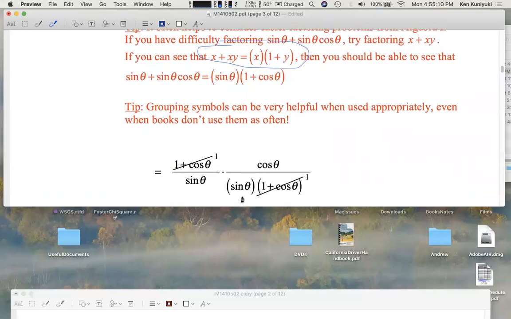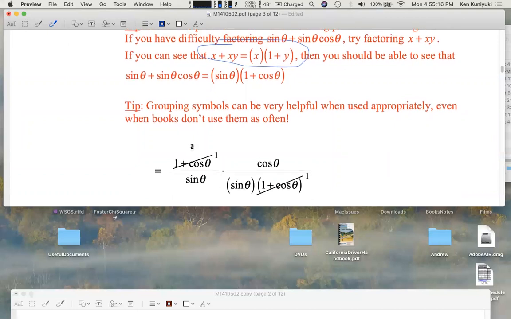When we do that, we get sine of theta times the quantity 1 plus cosine of theta. And we are allowed to cross-cancel, cross-divide, because in the end, when we multiply fractions, we multiply across. We can divide the 1 plus cosine of theta in the upper left by the 1 plus cosine of theta in the bottom right. Their quotient is 1. Again, we're not worried about domain restrictions right now.